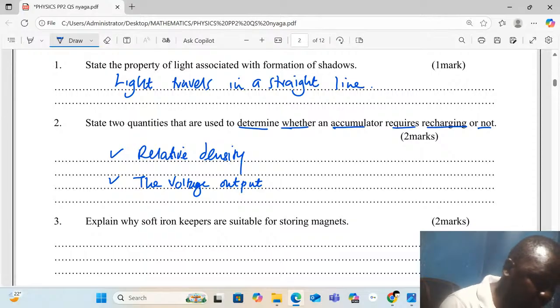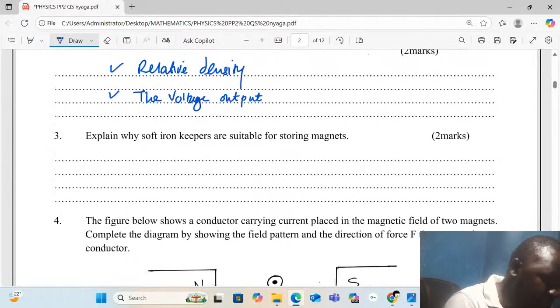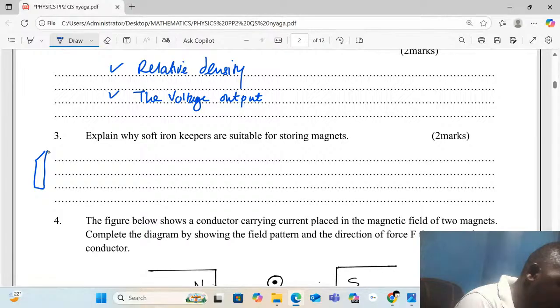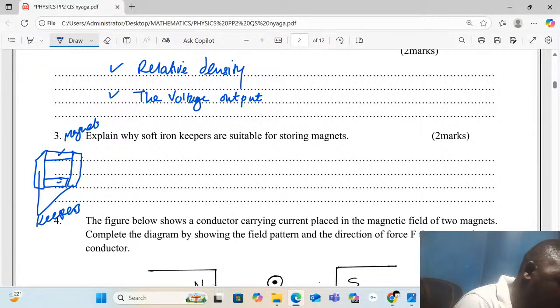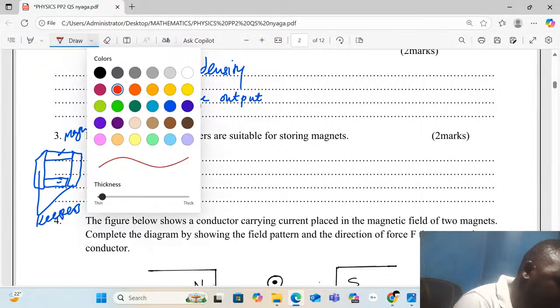Explain why soft iron keepers are suitable in storing magnets. We have the keepers arranged in this manner, and then we have the magnets. These two are the keepers, and this one and this one are magnets.